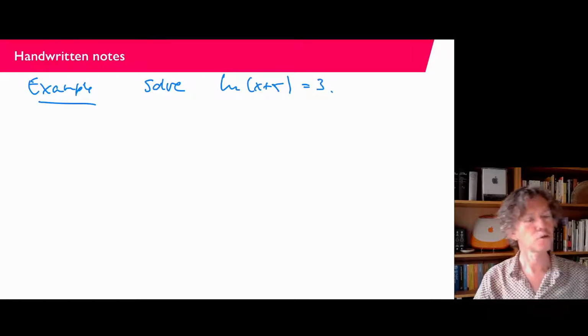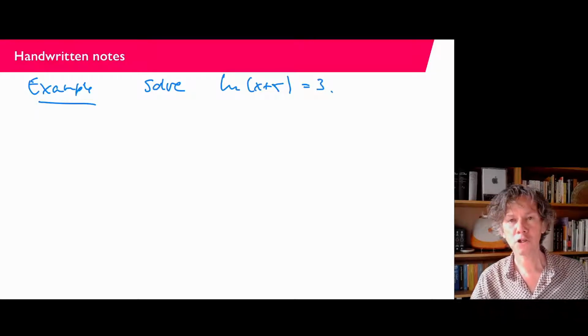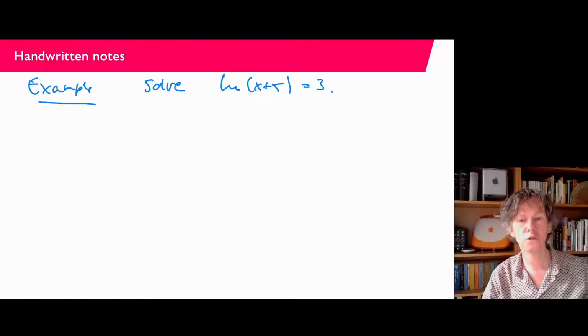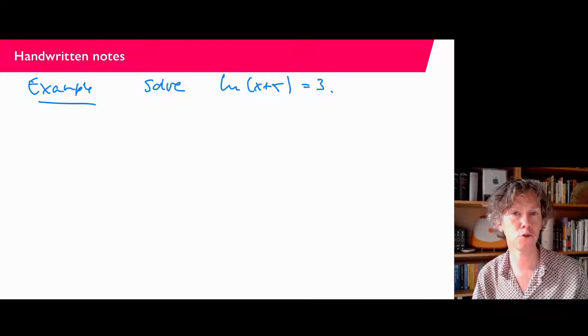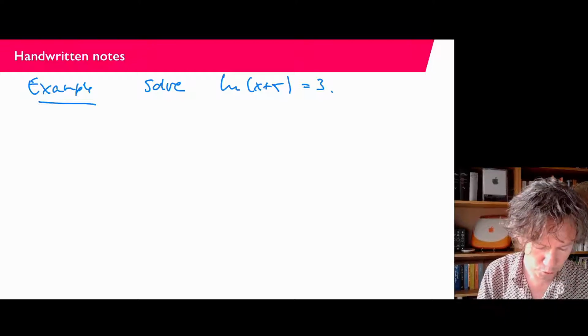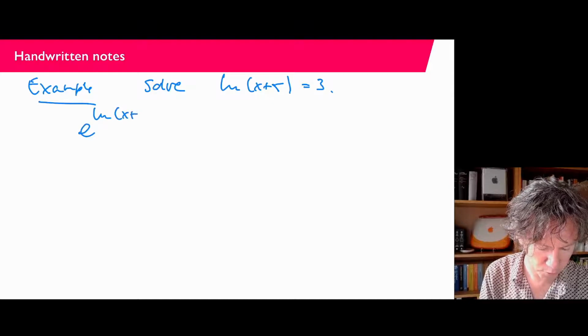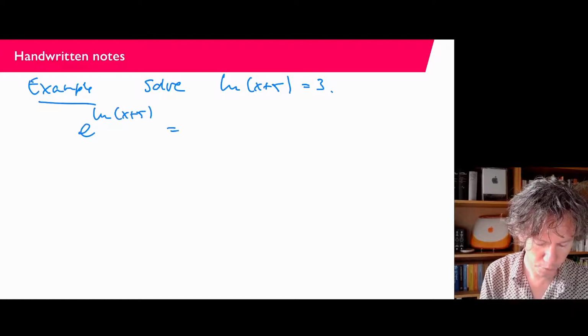So now you would like to know for which x value this holds true. What you should do here is use that ln and e to the power x are each other's inverses. So I'm going to say, well, e to the power ln(x plus 5) should apparently equal e to the power 3.